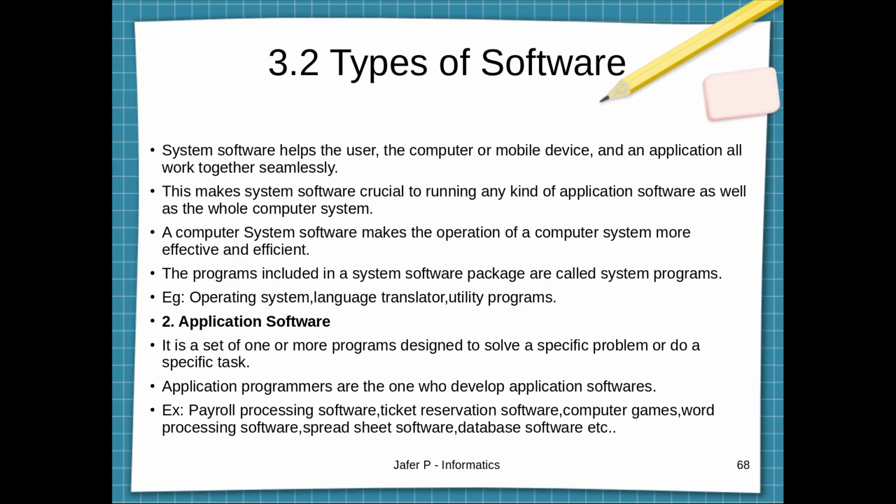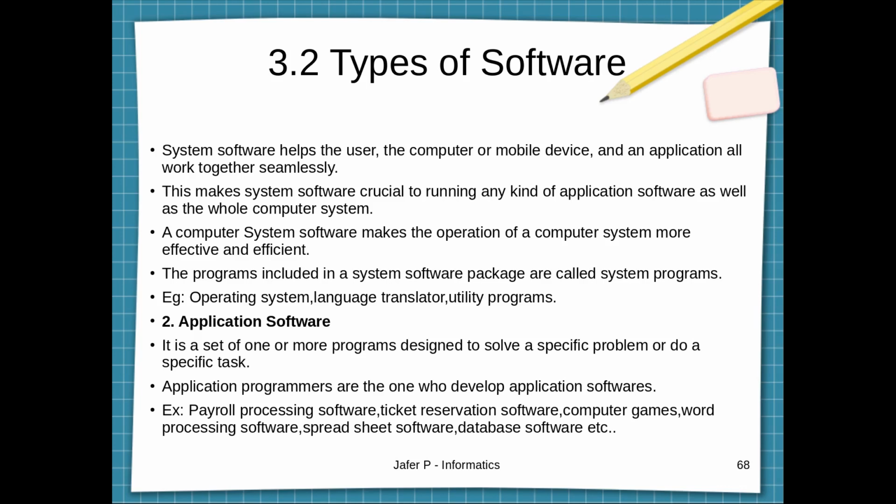Software engineers are developing application software. What are the examples of application software then? The examples are payroll processing software. It's a kind of software which helps the office to manage payroll, right?